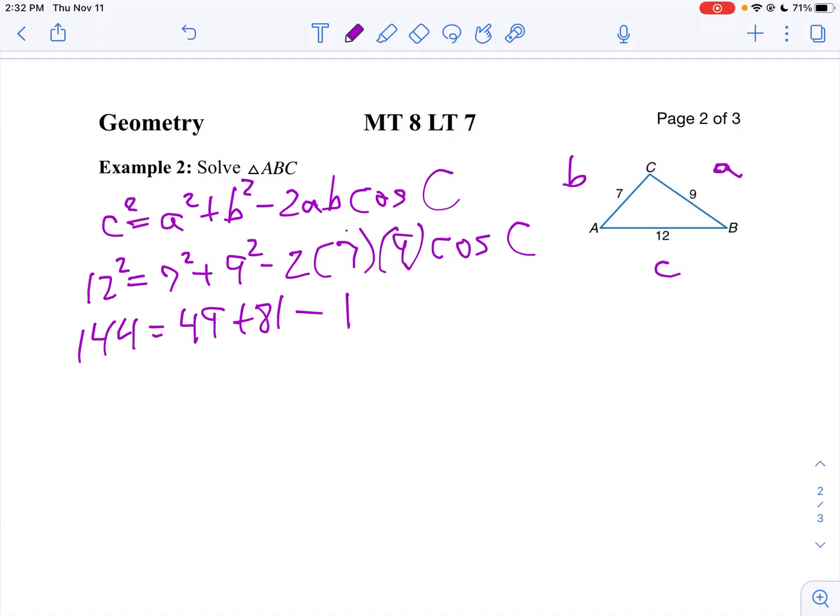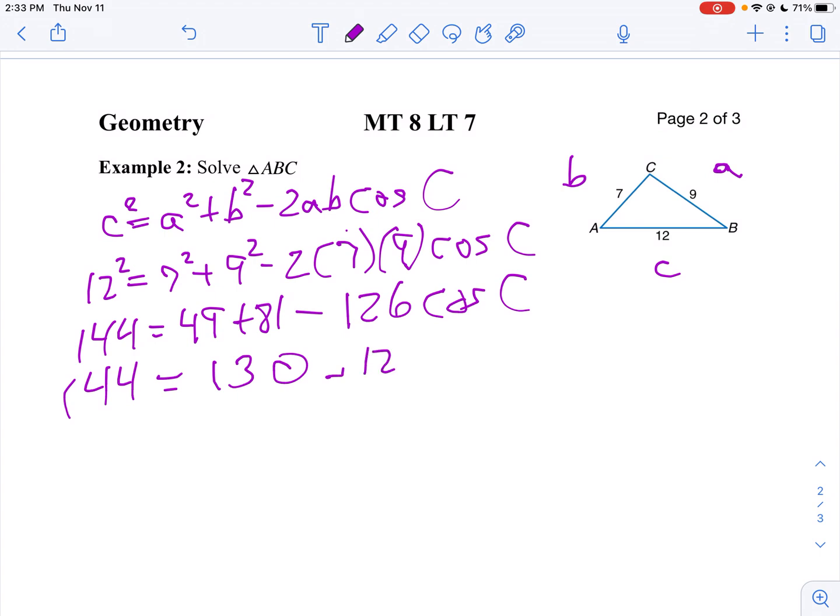So minus 126 times the cosine of angle C. I can simplify that a little bit more. I can add 49 and 81. So that's 130 then. 8 plus 4 is 12. Carry the 1. Gives me 13. Now do not subtract 126 and 130 because it's 126 times the cosine of angle C.